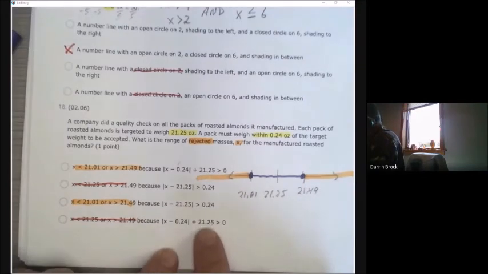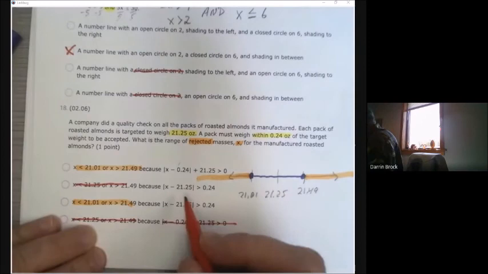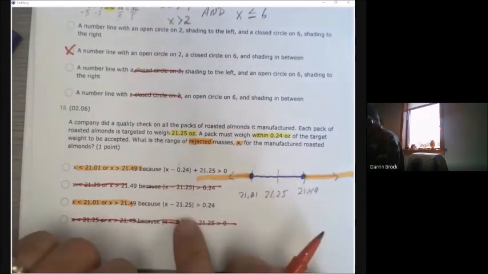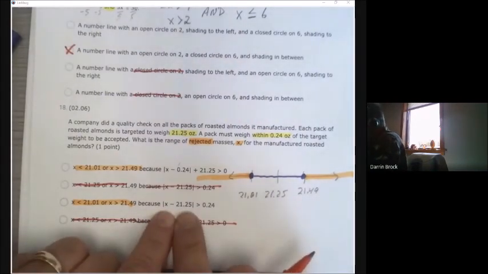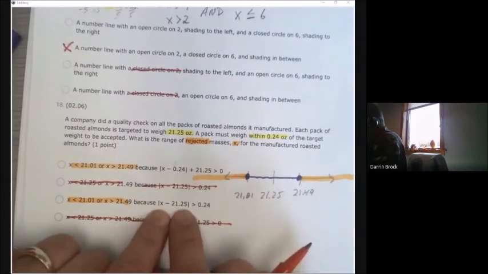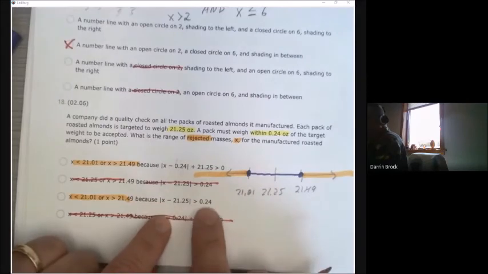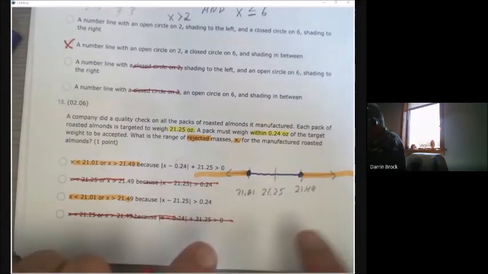Oh, sorry, I'm looking at the wrong one. This was one of our discarded ones. If we take whatever it weighs minus what it should weigh, the absolute value of that should be larger than 0.24. That would mean it's outside.